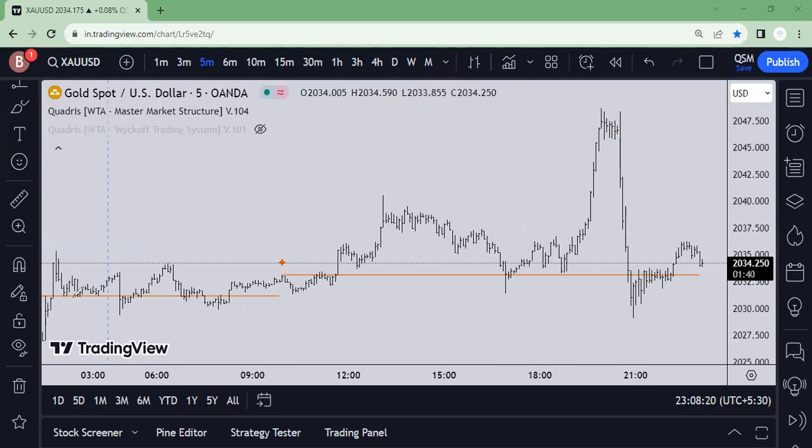See, we got this buy, this buy, then this exact moment, then a test of this particular level, then we got the retracement, and then up.